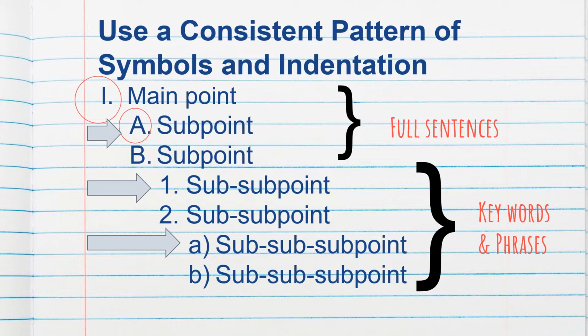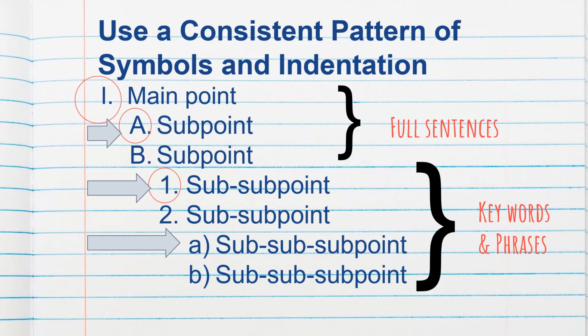It's really important to remember that the main points and subpoints are all in full sentences when you're creating a preparation outline. However, your sub-subpoints, those can be in keywords and phrases. Also, the indentation stair-step method is really important.